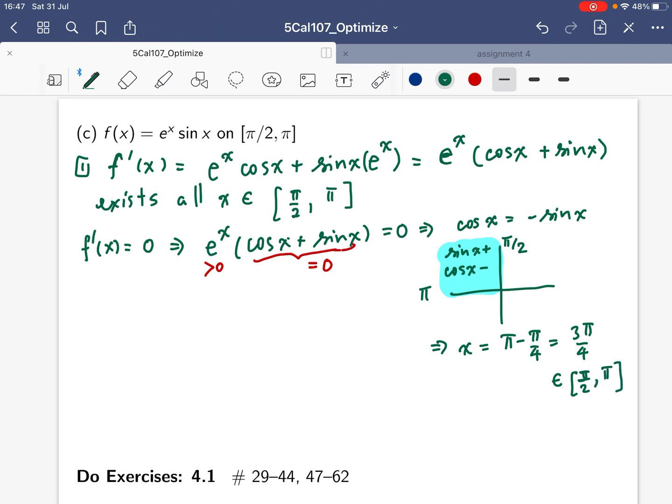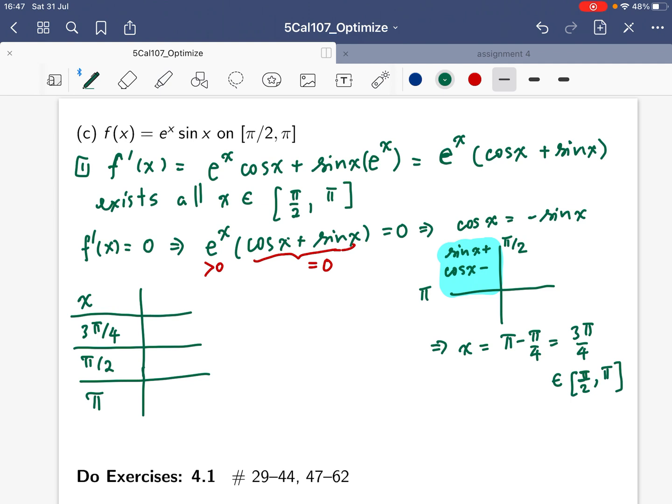Are we okay? So you need to compare the function value at the point 3 pi over 4, which is the critical value, at the endpoint pi over 2, and at the other endpoint, which is pi.